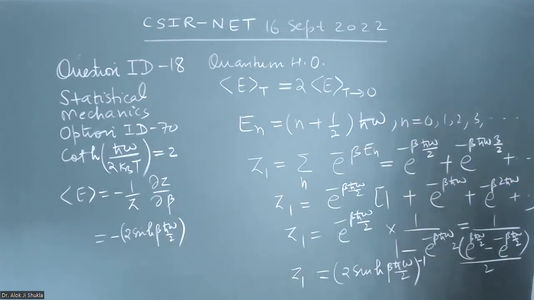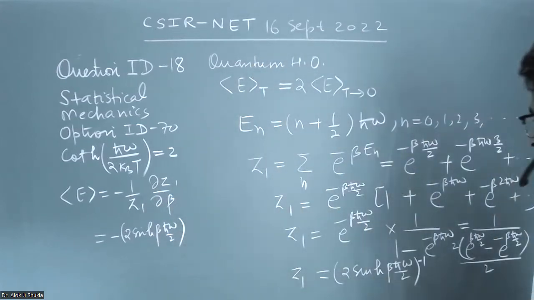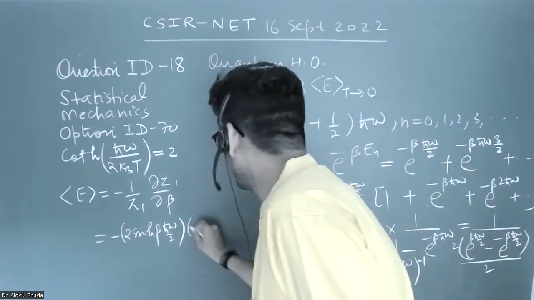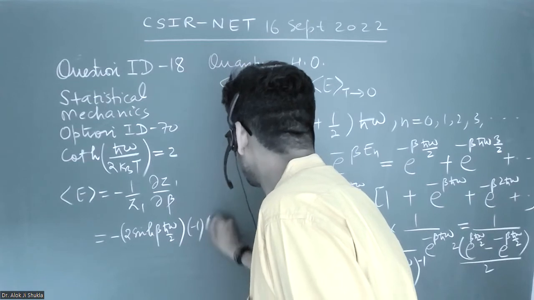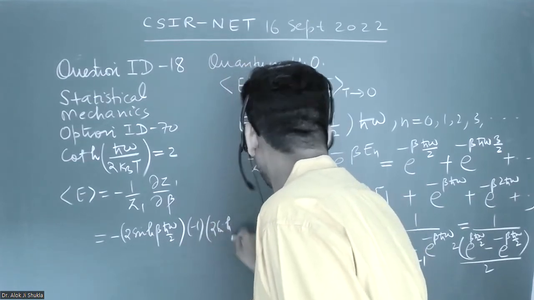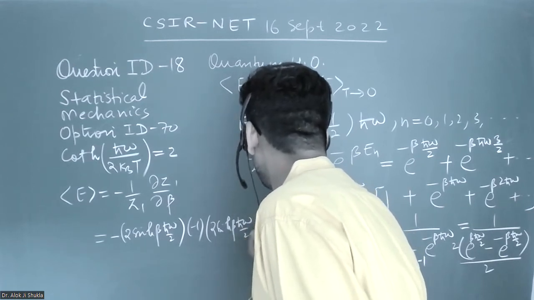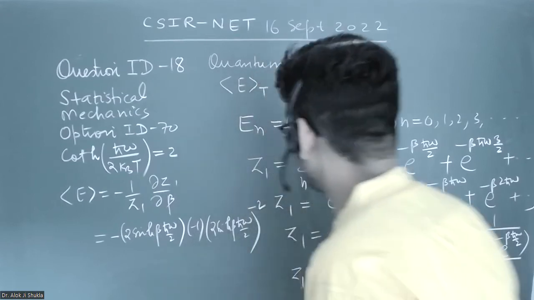And if I differentiate Z with respect to beta, the derivative will be minus 1, then 2 sine hyperbolic beta h cut omega by 2 to the power minus 2.